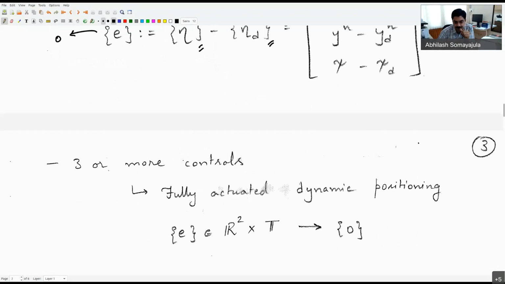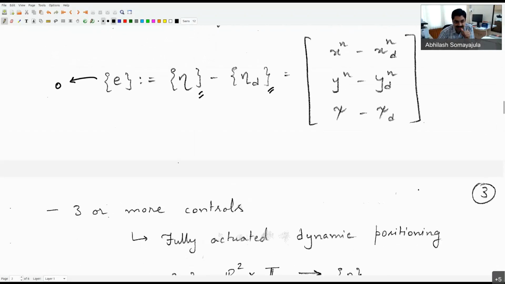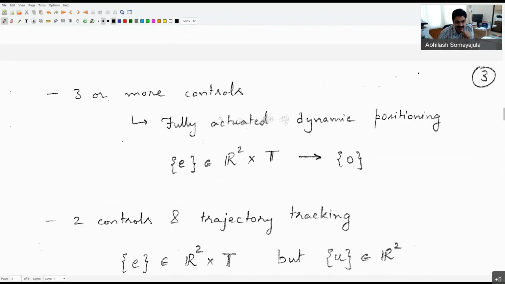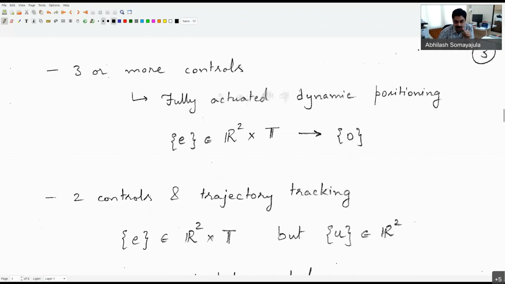All right. Now in this consideration, when I want to drive this error to 0, there can be different scenarios. I may have 3 or more controllers, which means I may have 3 or more thrusters in this case. Then the problem is called fully actuated, or over-actuated if I have more than 3.